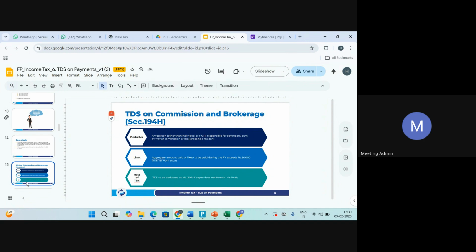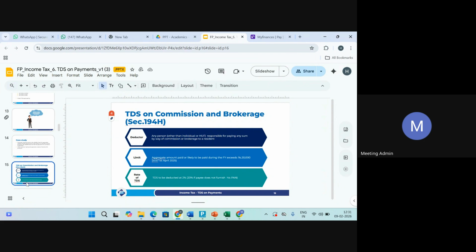Okay, so who will be the deductor? Any person other than an individual or Hindu undivided family, responsible for paying a sum by way of commission or brokerage to a resident, can do the deductions. The one who is paying the commission will deduct some of the amount and pay it to the government.